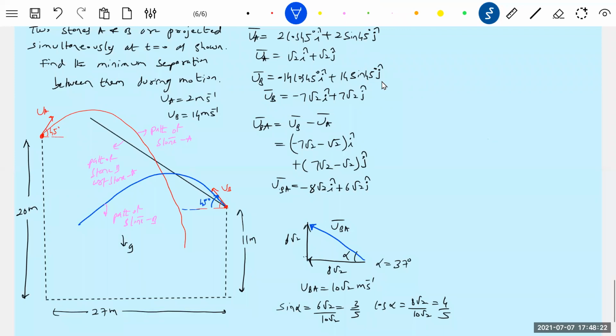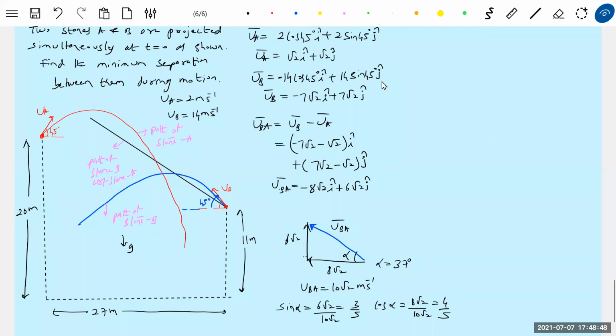So it will move in a straight line. That black color line, the stone B, when it looks at that, it will feel that it is moving along that line. Okay, fine. Everything, there's a relative velocity till here, we can manage. But our question is to find out that minimum separation. So how to do that? If the stone B moves along this black color line, so what will happen to stone A? It will appear to be at rest.